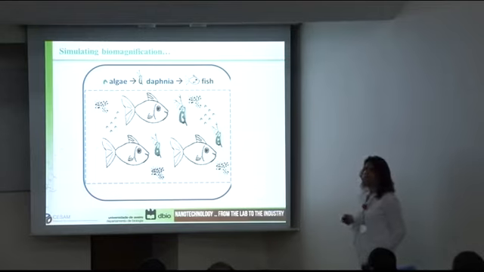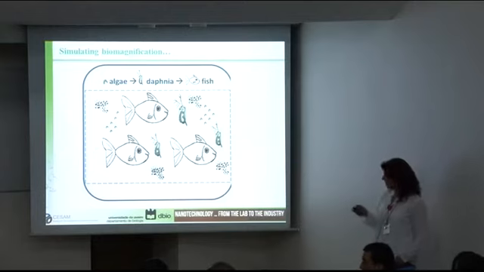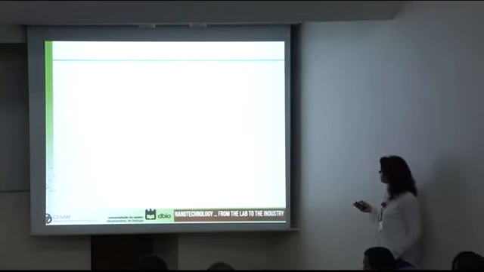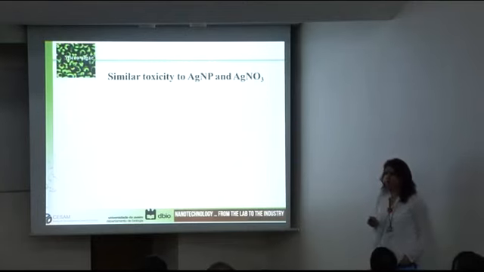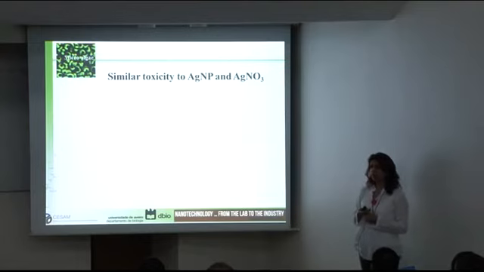So what we did is that we simulated what happened within a trophic model chain. So our first approach was to see how the algae were dealing with silver nanoparticles. These silver nanoparticles were very small. Their initial size was between 3 and 8 nanometers.